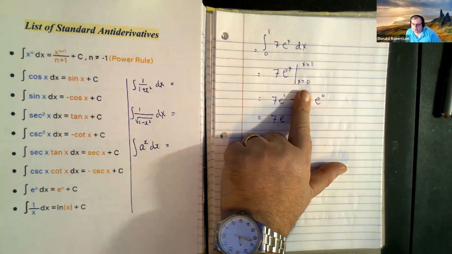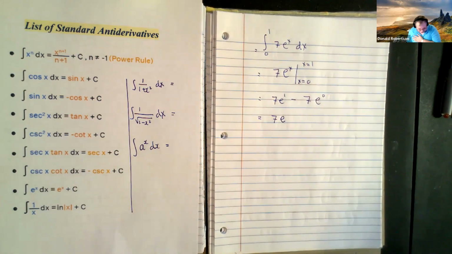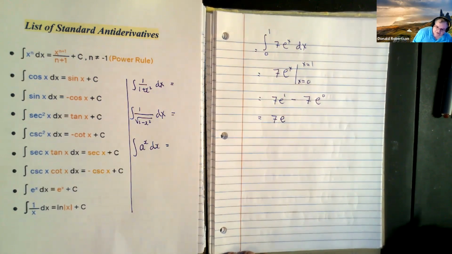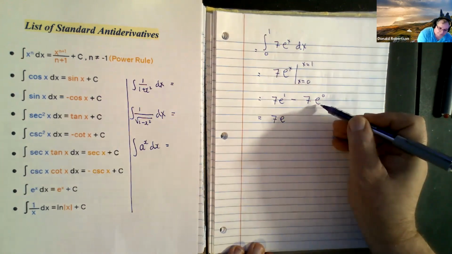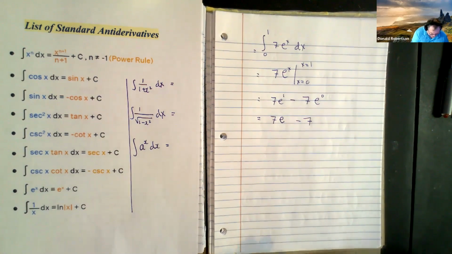Here's a number. 5 to the 0, 2 to the 0, e to the 0 are all the same. Okay, last chance. E to the 0 is 1. So minus 7 of them, you get that. There's your answer.